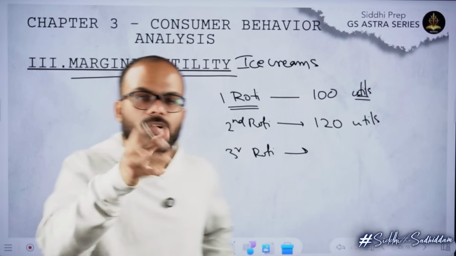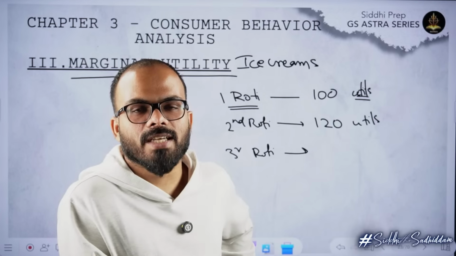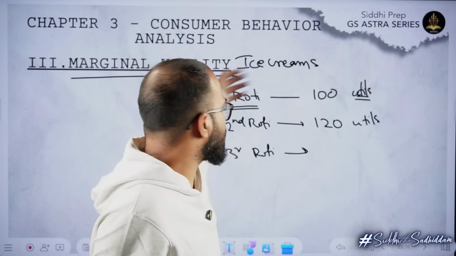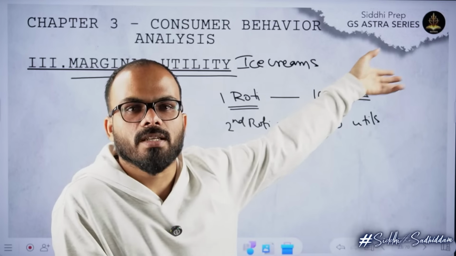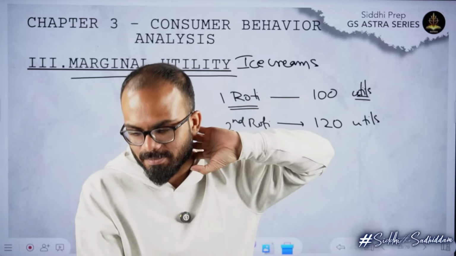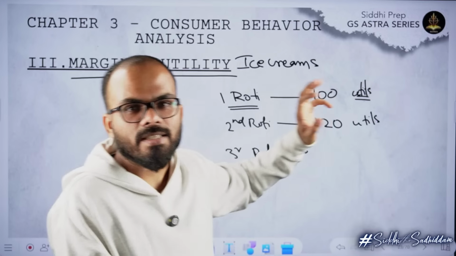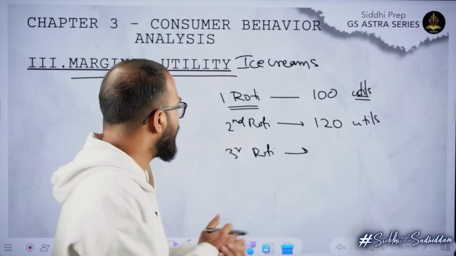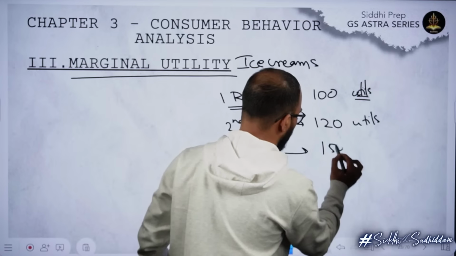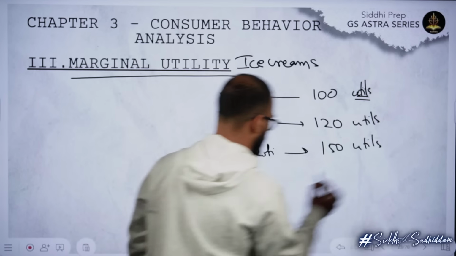By the third roti, let's say we changed the curry. First and second we went with chicken, third we went with mutton. So my satisfaction has increased and now it went up to 150 utils.